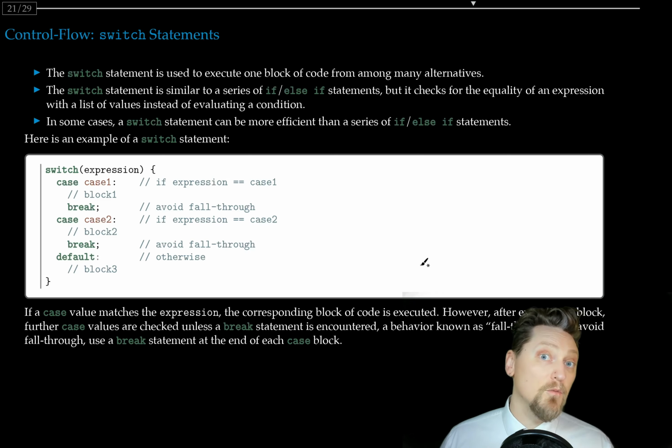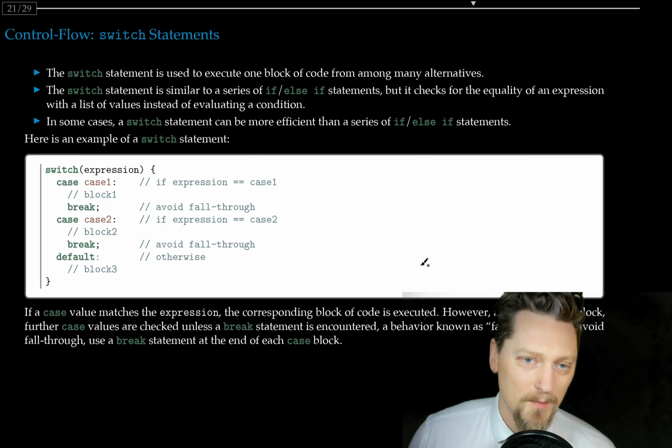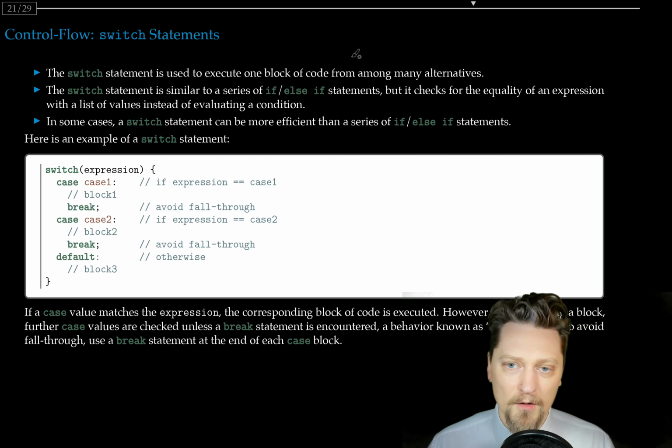Okay, switch statements. The switch statement is used to execute one block of code from among many alternatives. The switch statement is similar to a series of if-else-if statements, but it checks for the equality of an expression with a list of values instead of evaluating a condition.